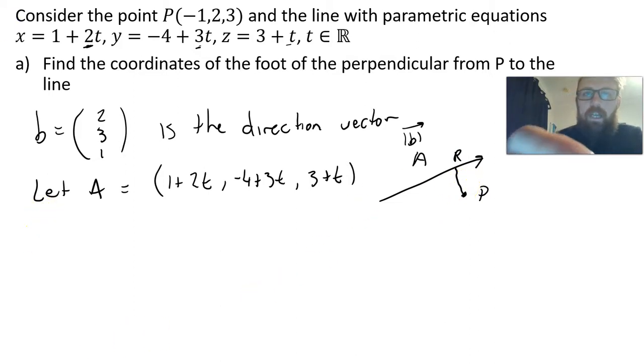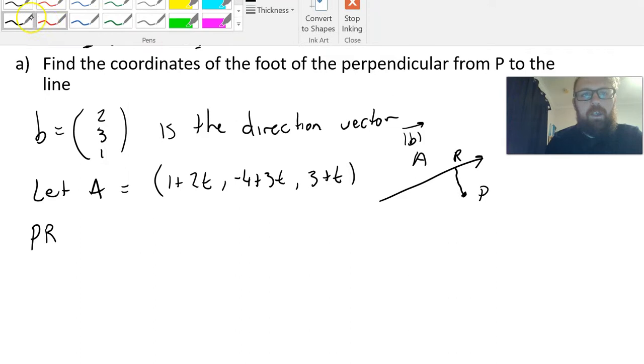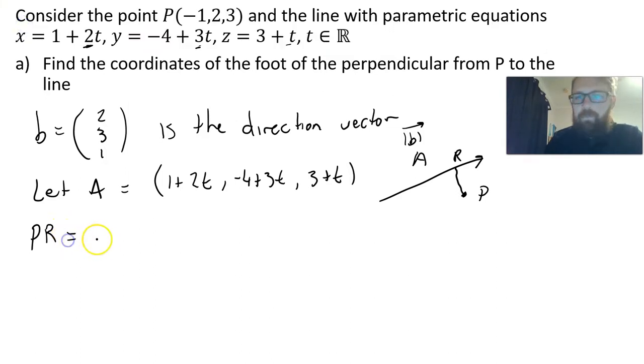Firstly we need to work out our vector PR. PR is equal to our R value, which is this here. We don't know the t yet, but we're going to work that out. So (1 plus 2t, -4 plus 3t, 3 plus t), subtract whatever our P was. Remember, P was (-1, 2, 3), given in the question.